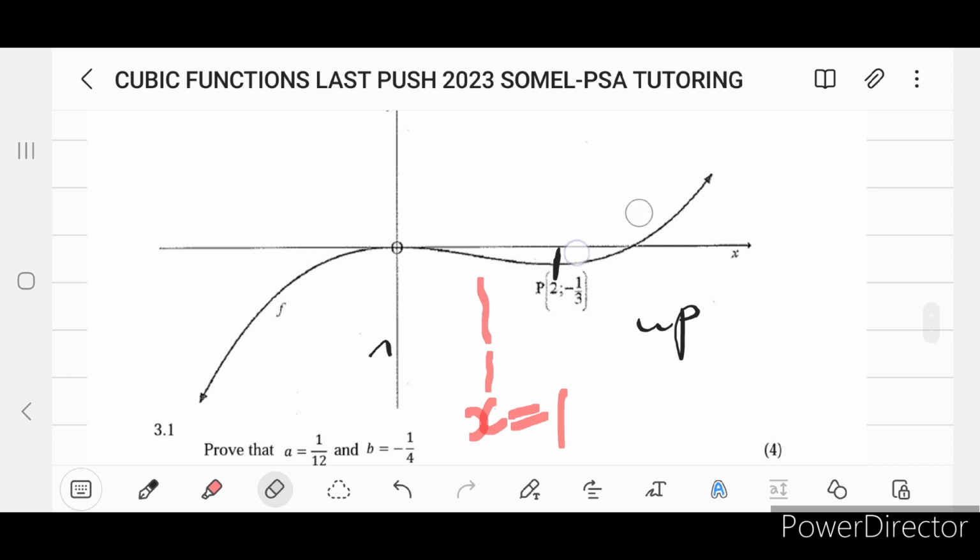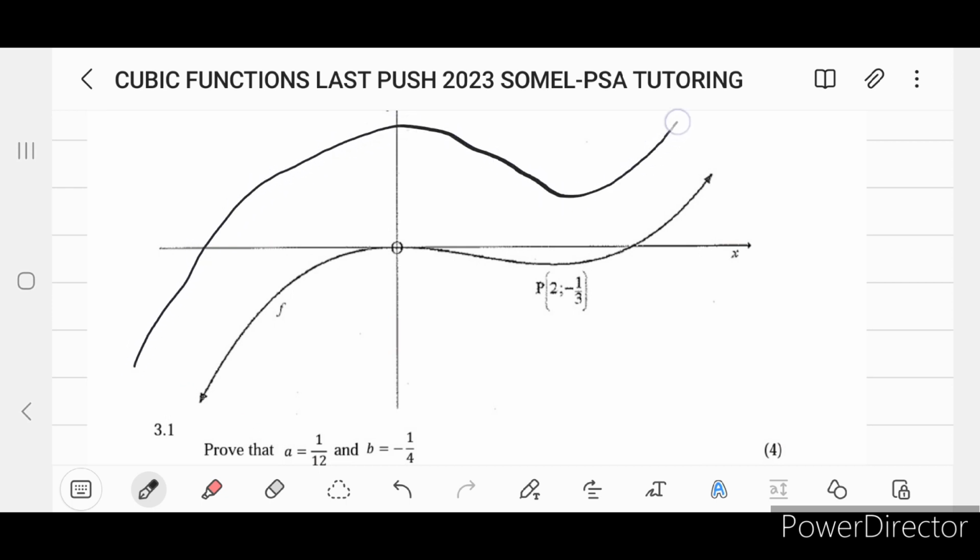For this guy to have 3 real roots, I must move him up, but I must not move him 2 up. Because if I move him 2 up, he will end up being like this, and then I have only 1 root. So I must be careful of this distance, because it must never touch this line.